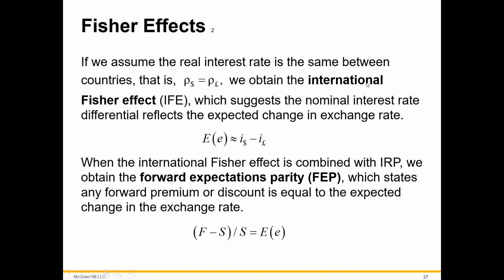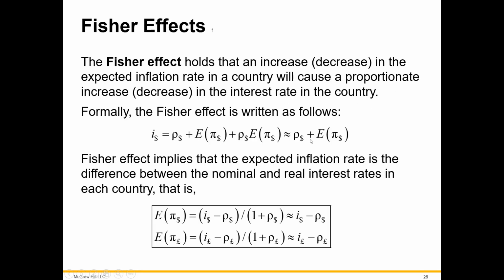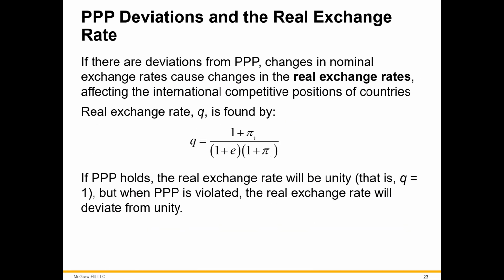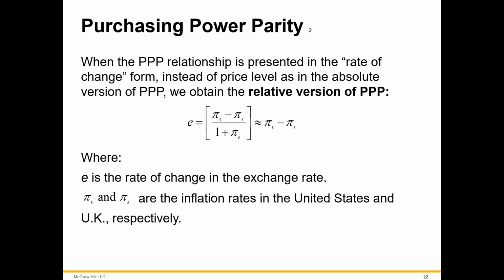So it's the international Fisher effect. The nominal interest rate differential reflects the expected change in the exchange rate. The difference in the interest rates gets you the difference in the expected inflation rates. And then, going back to here, we have the difference in inflation rates leading to the change in the exchange rate.